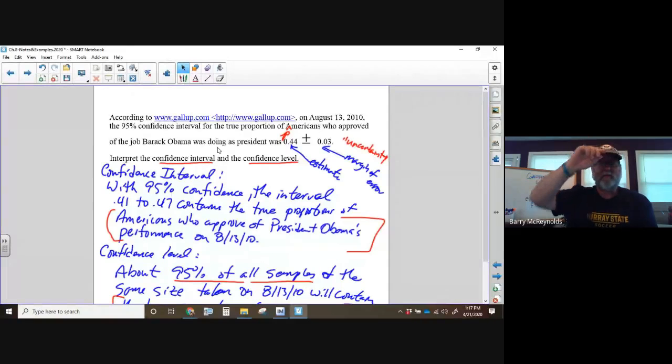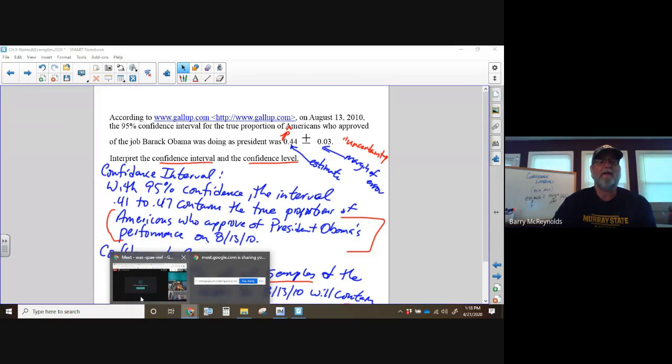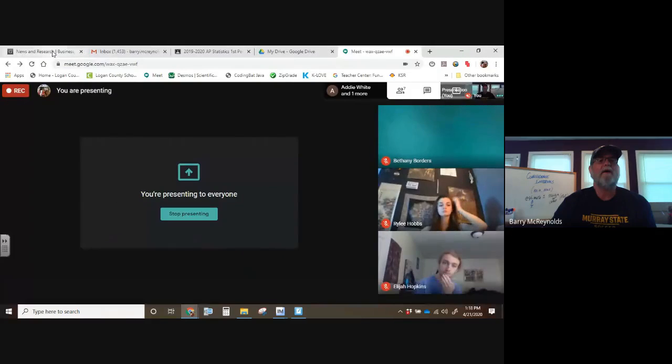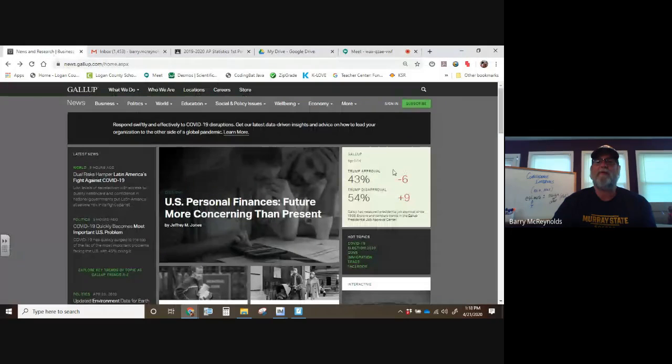I wonder what President Trump's approval is, because so many of us remember Barack Obama as being a widely popular president. Well, for most of his term, his 8 years, his presidential approval was less than 50%. So I just went back to the Gallup poll today, and I looked it up, and President Trump's approval is 43%.